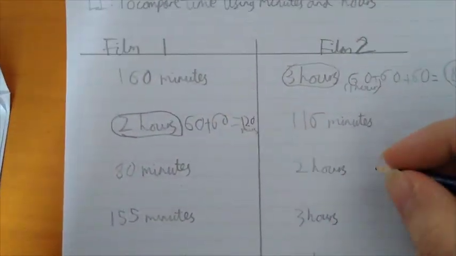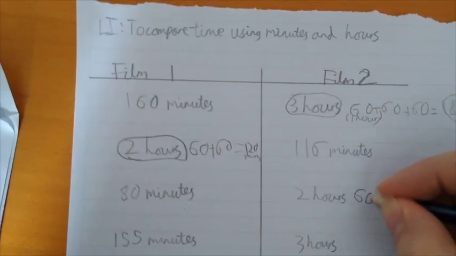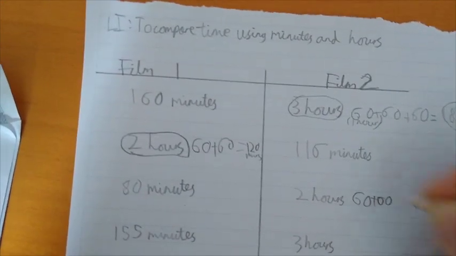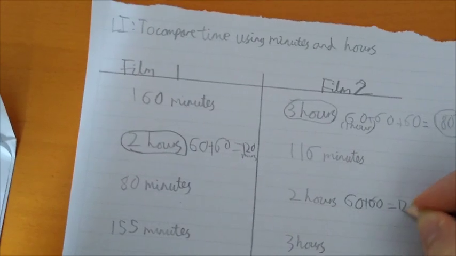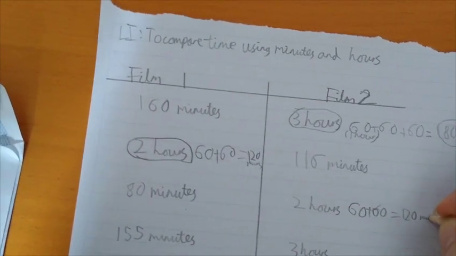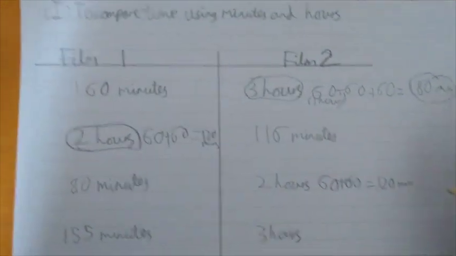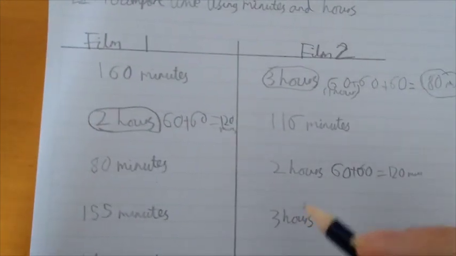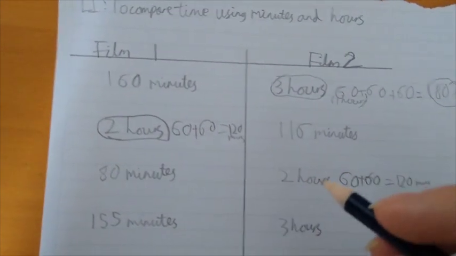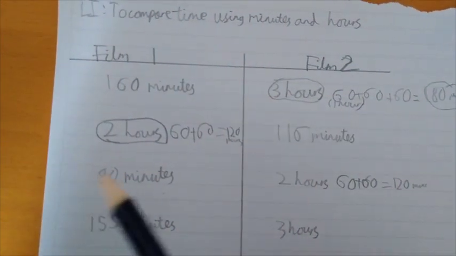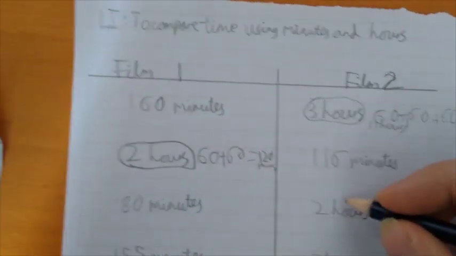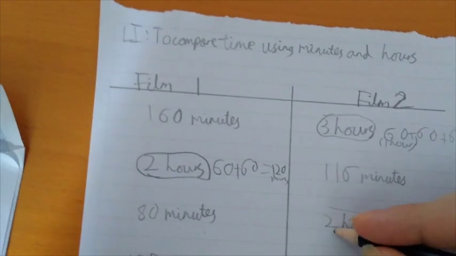Again, like that one, we need to add 2 groups of 60. So 60 plus 60 equals 120 minutes, which is bigger than 80 minutes. So 120 minutes is more minutes than 80 minutes. So 2 hours is a longer running time.